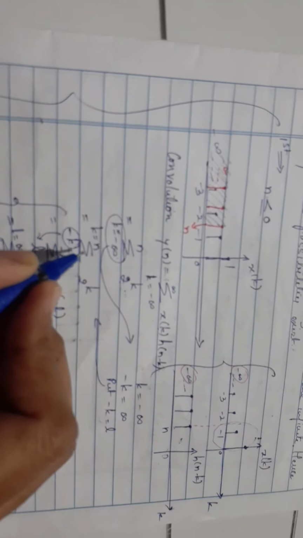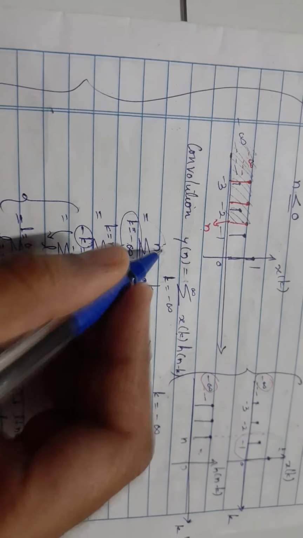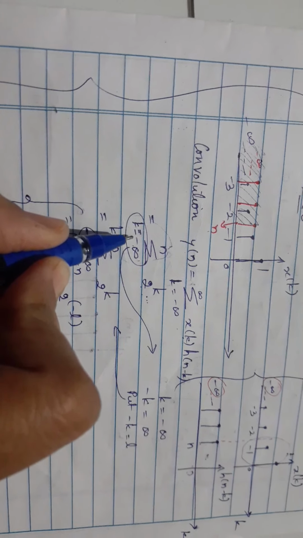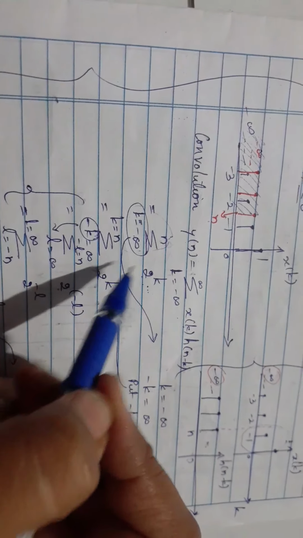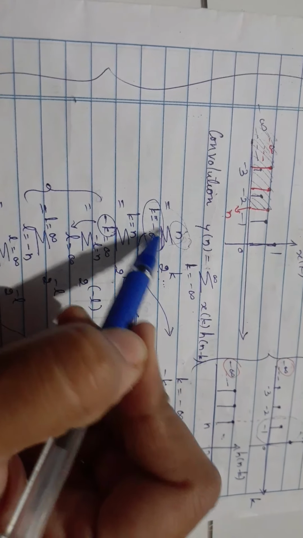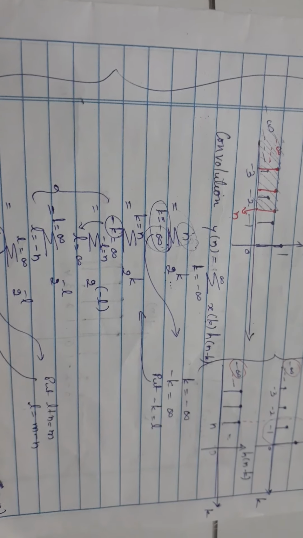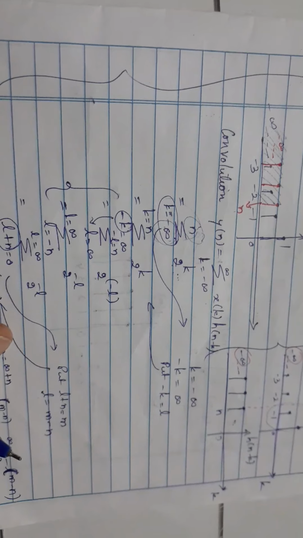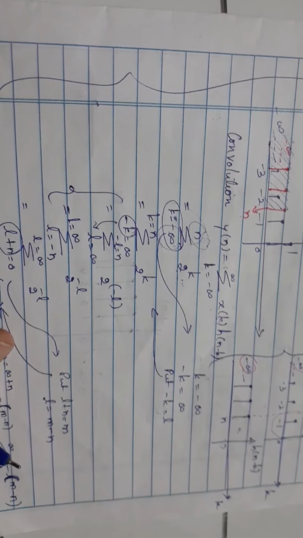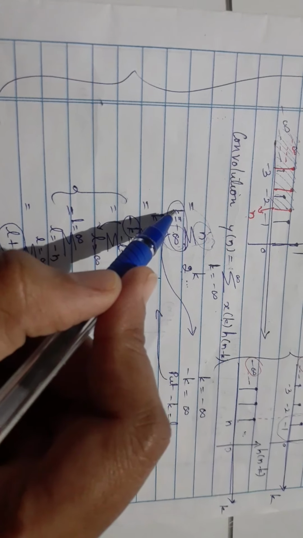Then for simplifying this, you can just see here the upper limit and lower limits. In order to simplify this, we will substitute this k.